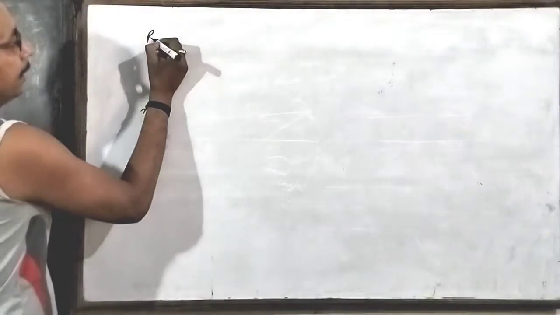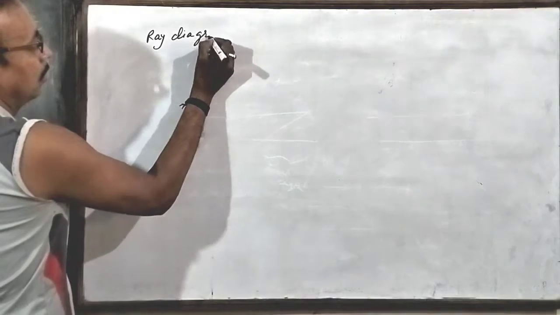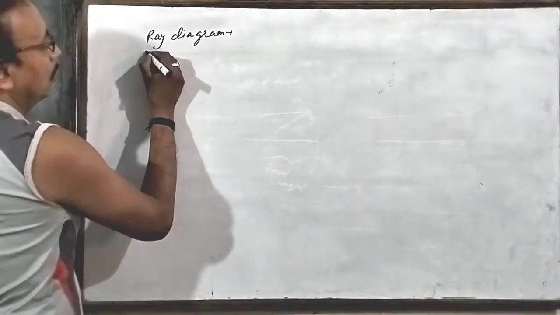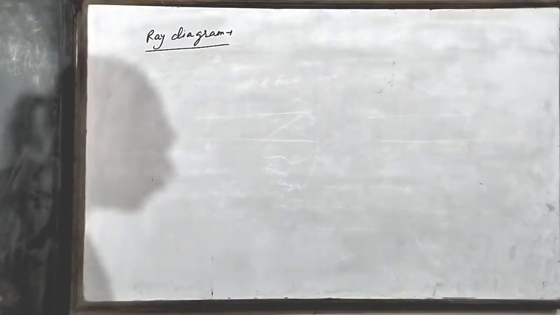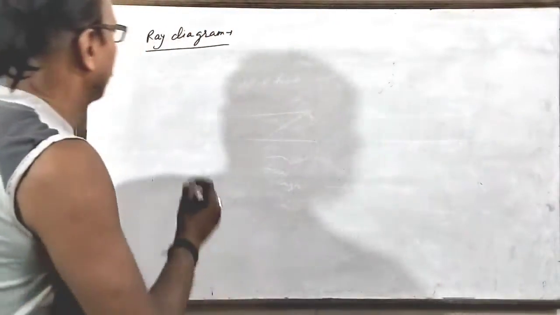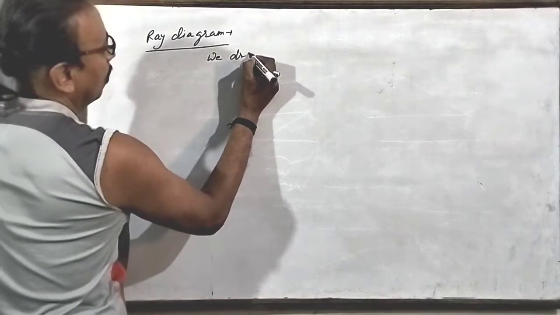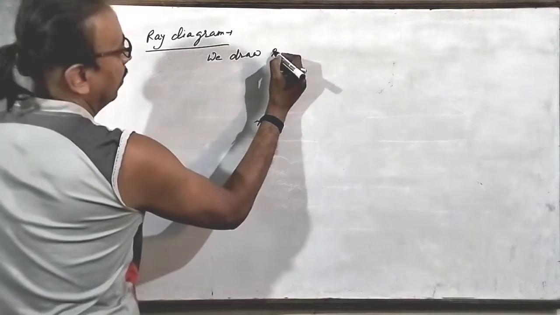Next important thing is ray diagram. We draw a ray diagram to locate the image of the object. What is a ray diagram?